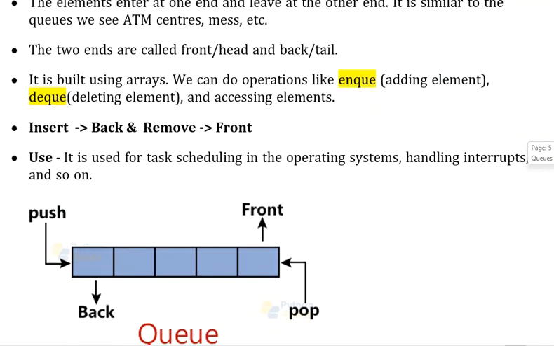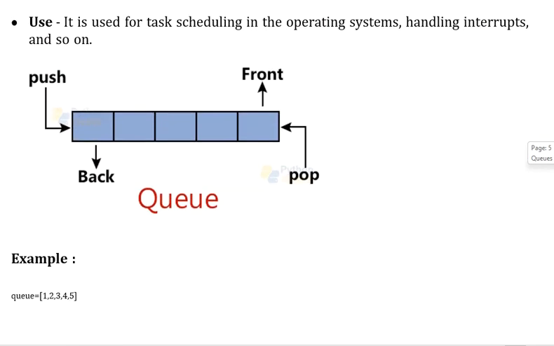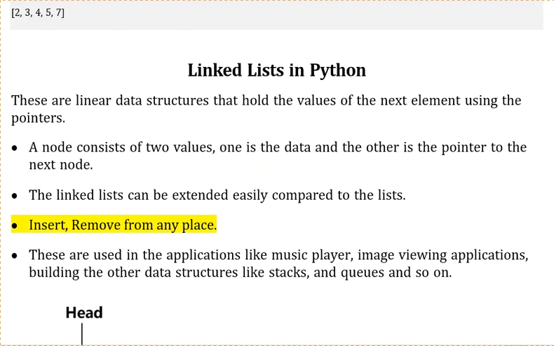Now let's look at the next data structure in Python, the linked list. The linked list looks similar to the queue, but there is one difference. In a stack, we saw there is a limitation: we can add or remove the element only from the top node.